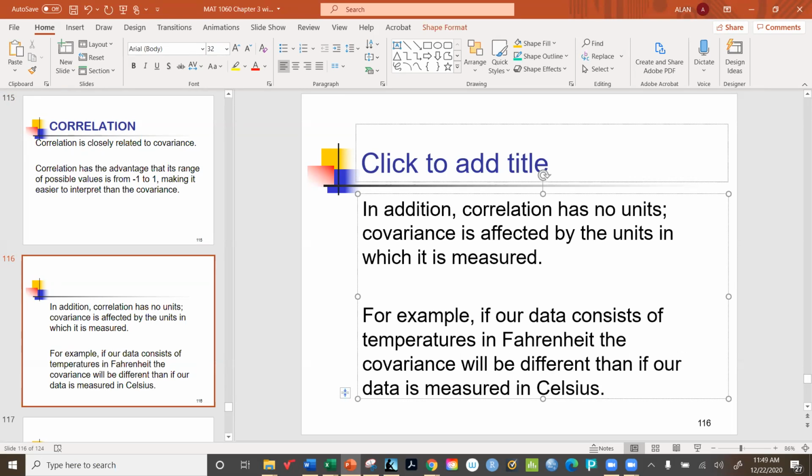In other words, if we use temperatures in Celsius, the covariance that we get from that data set will be different from the same data set where everything is expressed as Fahrenheit. And that's a very awkward thing to deal with.